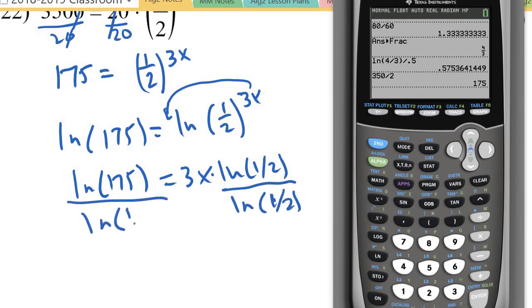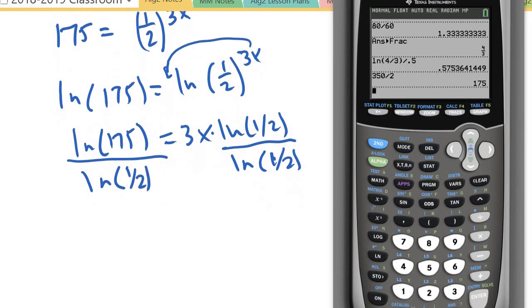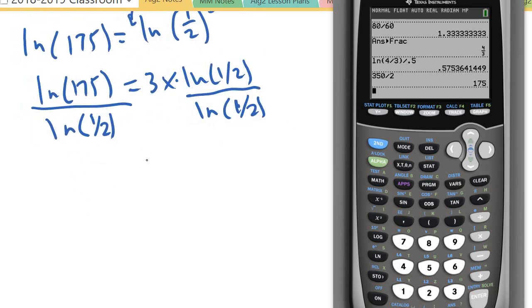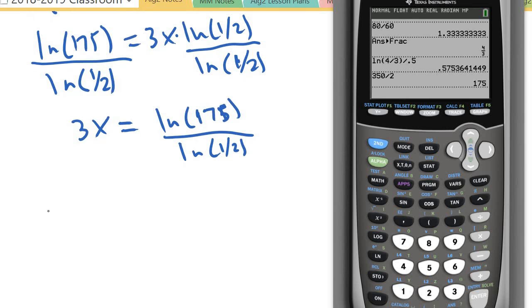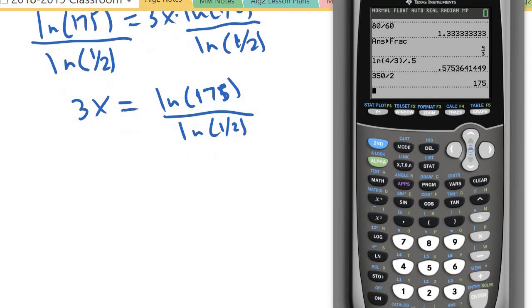Okay, now we're ready to write that as 3x equals ln 175 divided by ln 1/2. So we can actually find x by dividing by 3 like this. Divide both sides by 3.